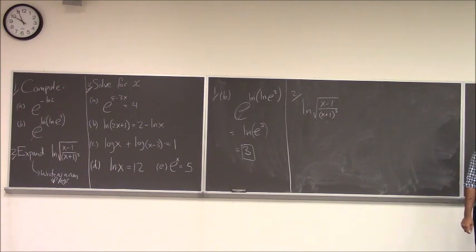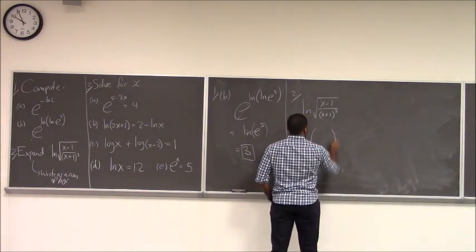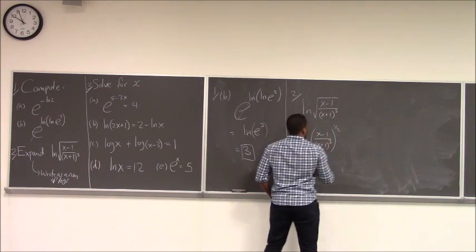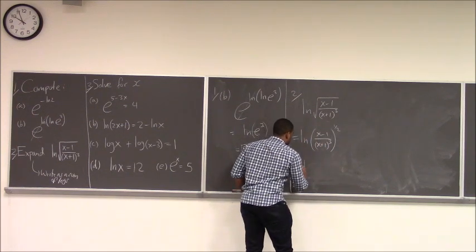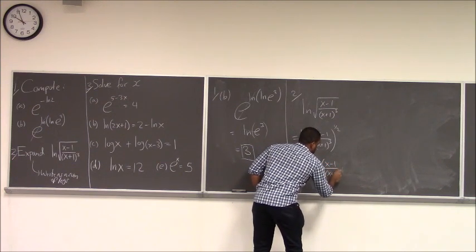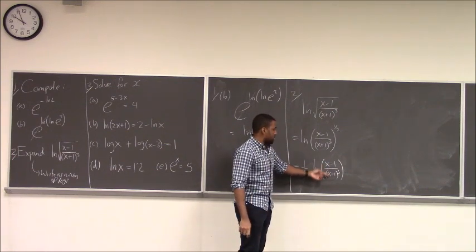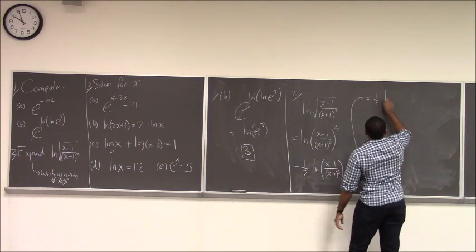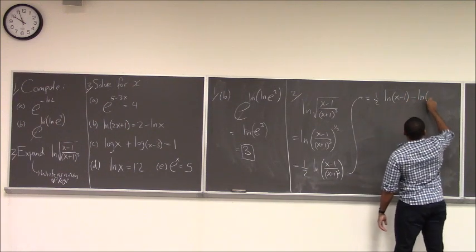Yeah? The square root is the same thing as the 1/2 power, so you can, yeah, sure, and then you could put 1/2 to the front. So now it's log of something to a power. We're allowed to take the power and bring it down to the front. And then division is the same as subtraction. Right, log of something divided by something is just log of the thing on top minus log of the thing on the bottom.